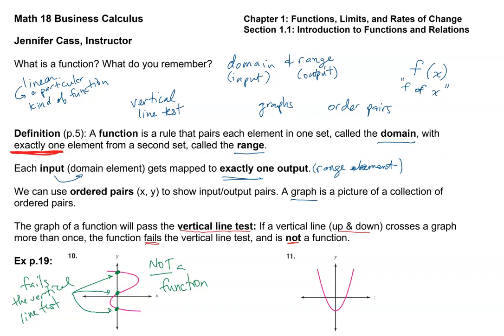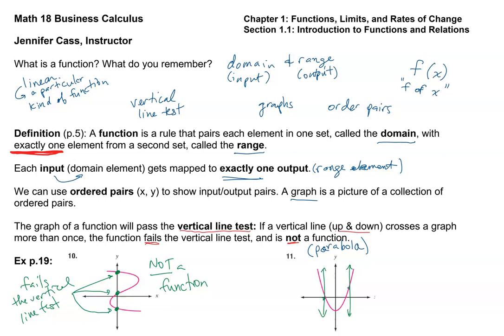In our second graph, number 11, we see what you might remember is called a parabola. It's an upward U shape. And if you try to draw some vertical lines on this graph, you're not ever going to be able to find one that crosses this graph more than once. Right?